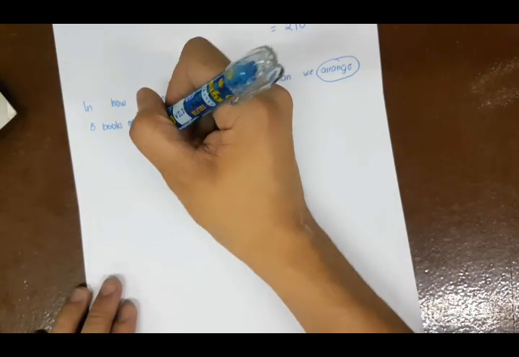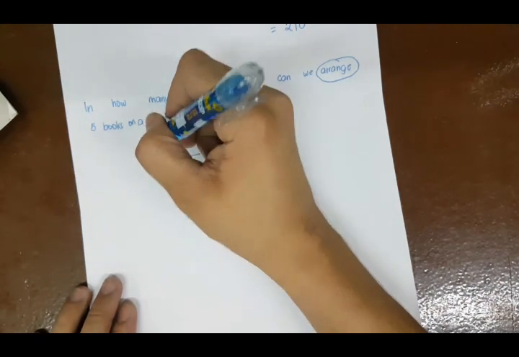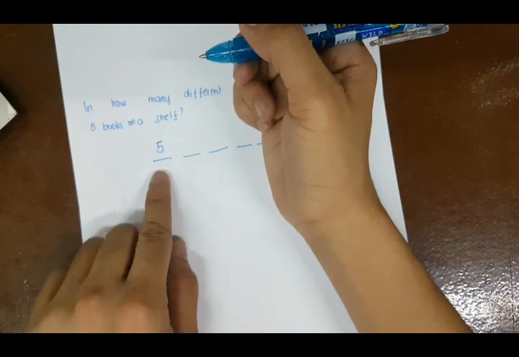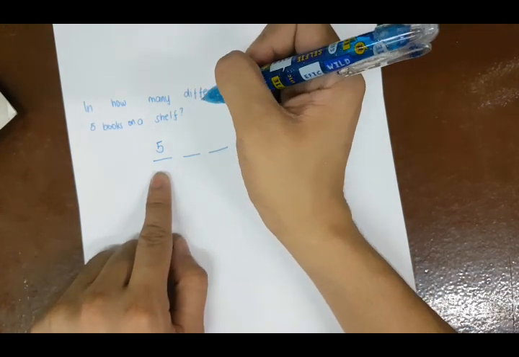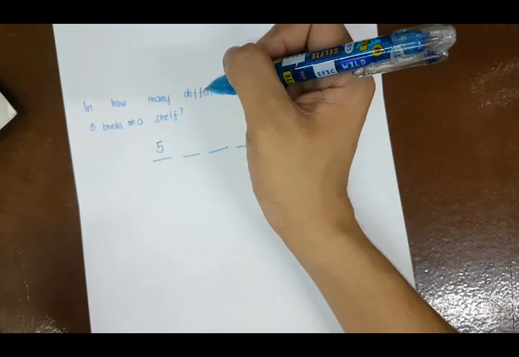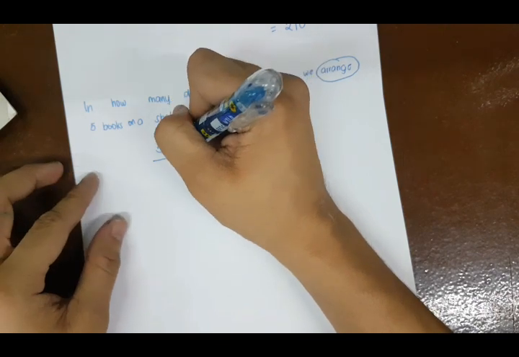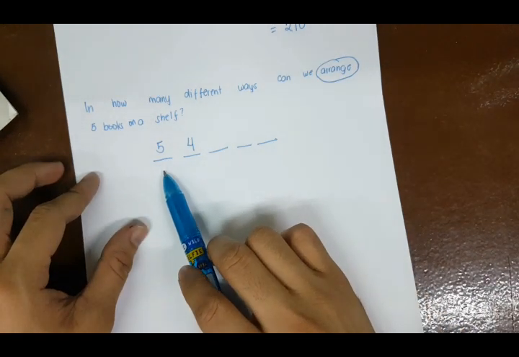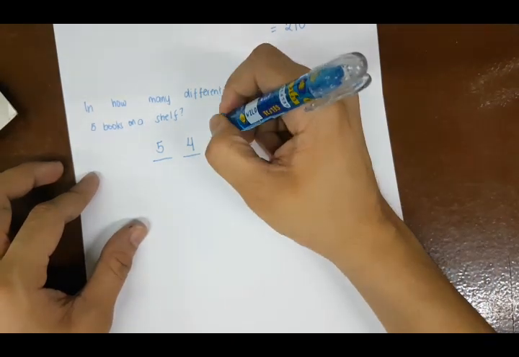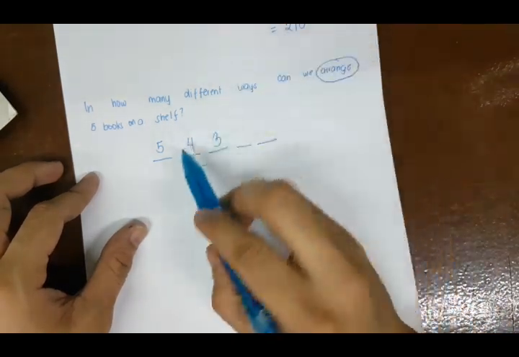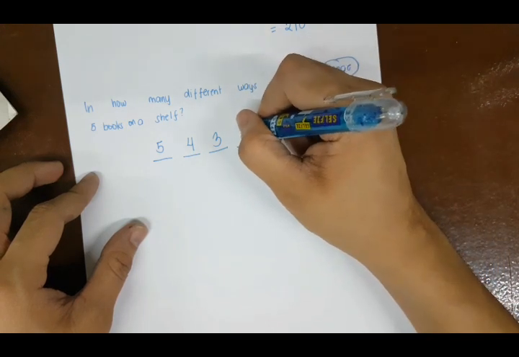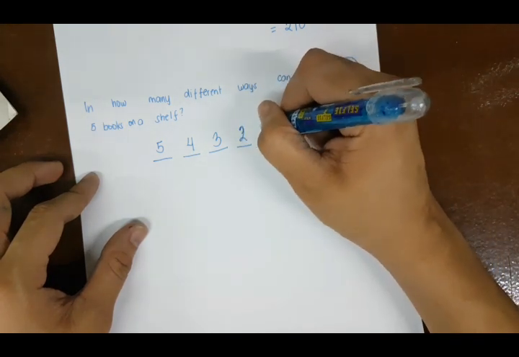Since you put already the first book here, you're just left with 4 books. Since you already positioned 2 books here, you are just left with 3. You put already the 3 books here, you are just left with 2 and 1.